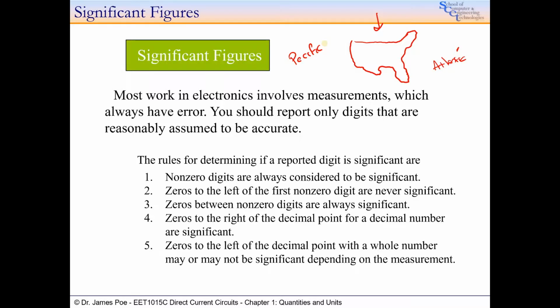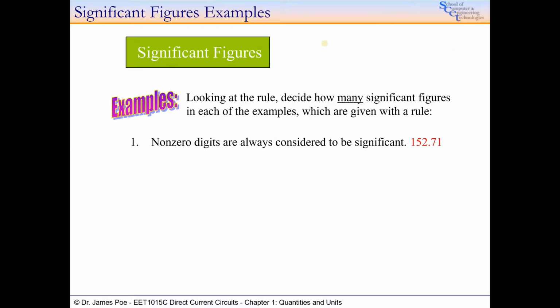Now, when we have a number, let's take one. Let's say 7.521. What did I just say? Not at all what that number is. 152.71. First question we want to ask ourselves, is the period present or is it absent?